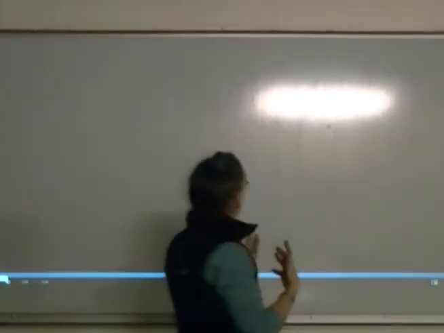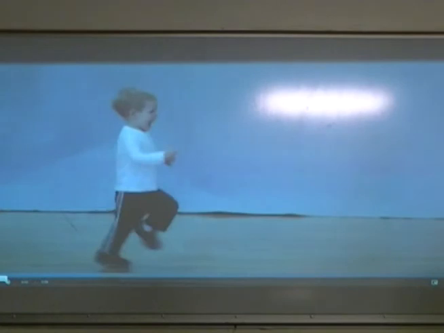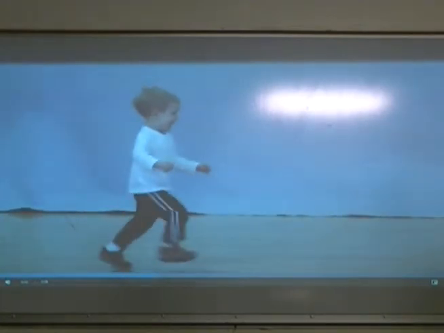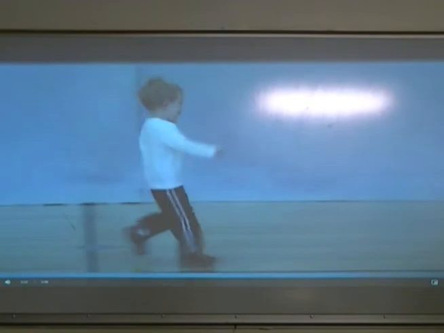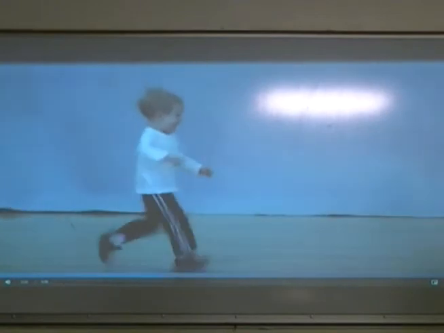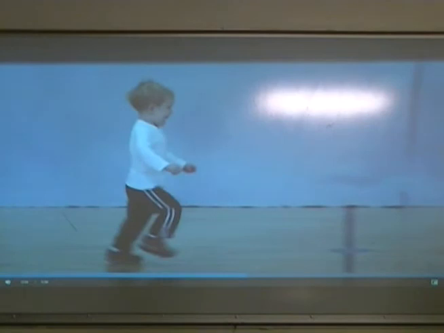So I would say no, but let me show you something, if I can catch it. No, it was too late there. Okay, there's definitely no flight phase when he's pushing off that left foot. Look, ooh, I missed it.